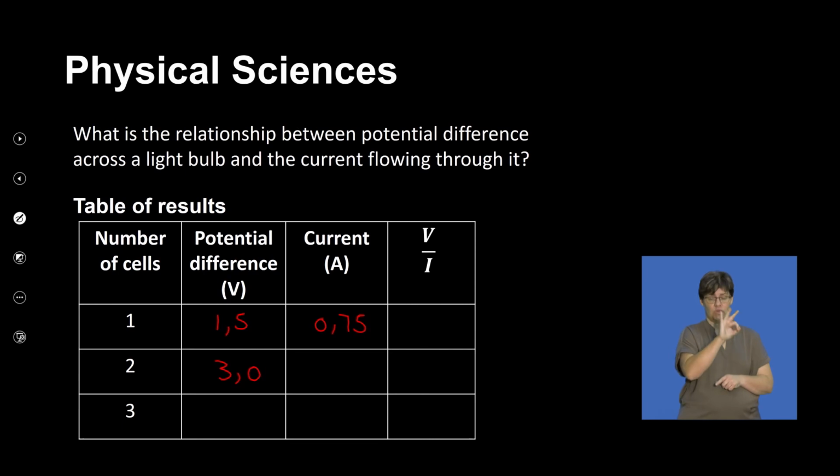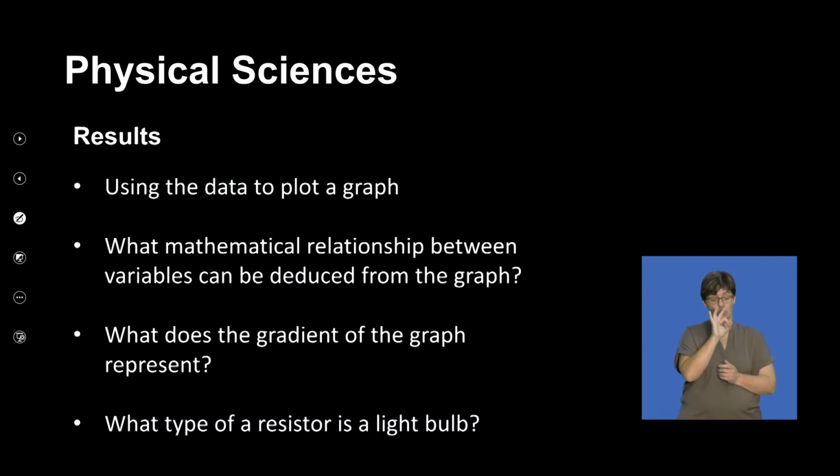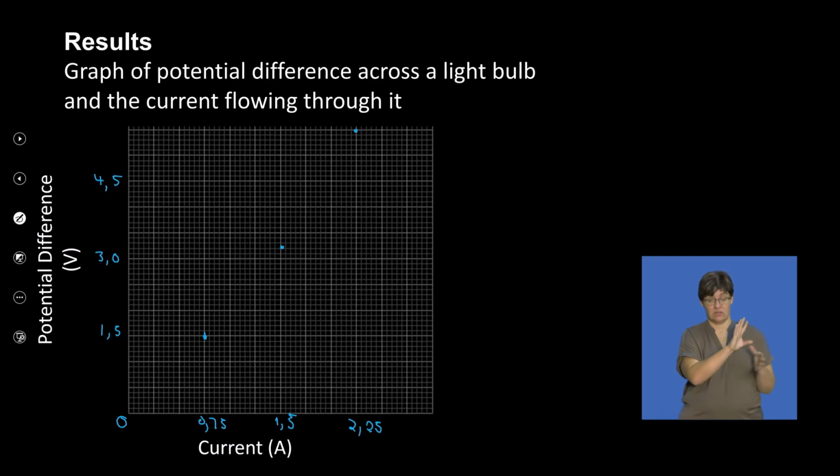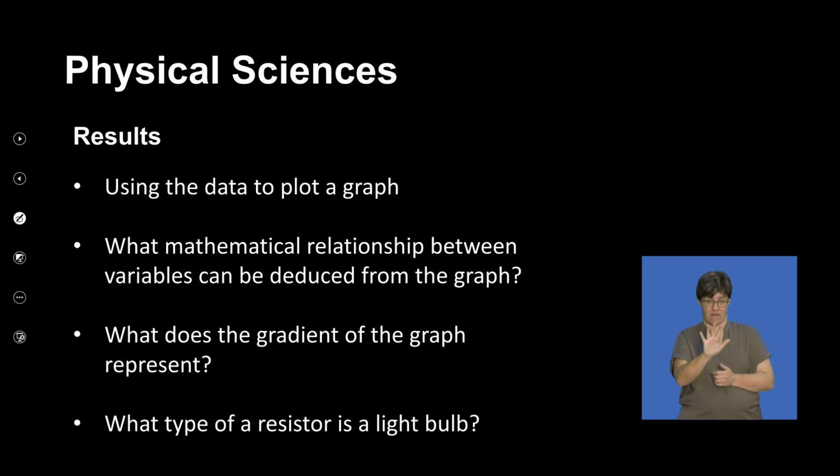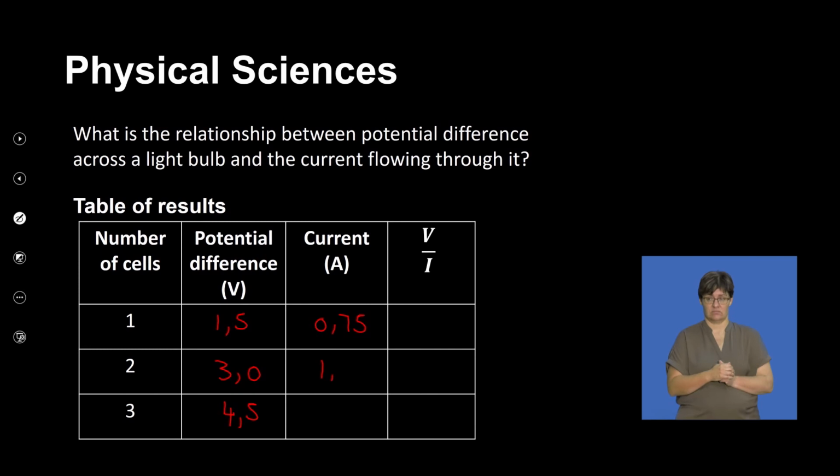And then 3 times, which is also a representation of 3 1.5 volt cells, this will be 4.5. So we said that the 3 volts goes with, from the graph, roughly 1.5. So we go to the table, it goes with 1.5.